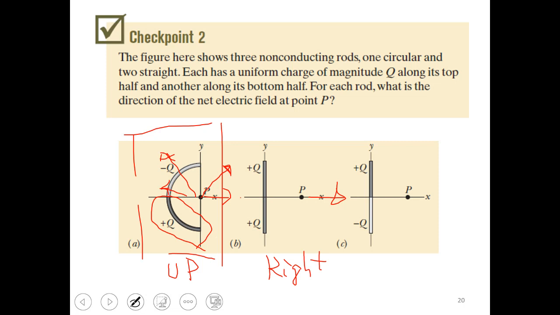Because, for example, this part, like this part, like this, the vertical parts cancel, so it only points right. And for C, it will be something like this, so it points downward.